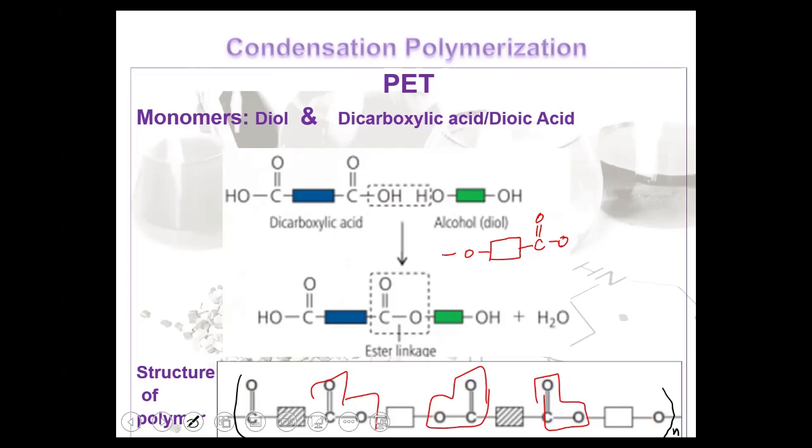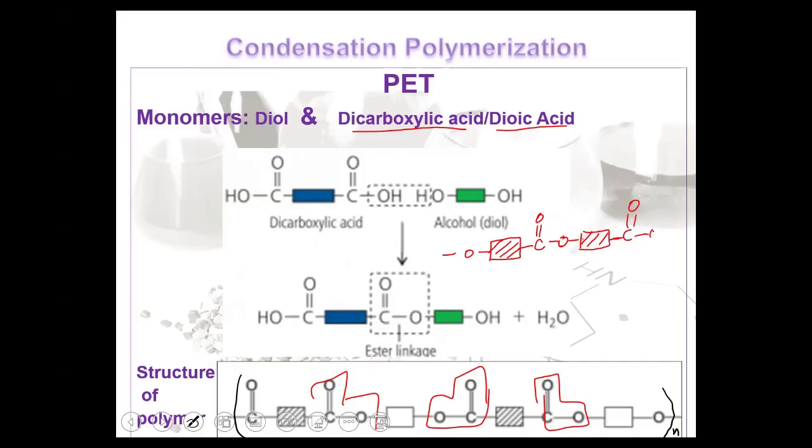And I told you about the kind of monomer you will also find which will have both functional groups on either end. Like for PET, you have a dioic and a dicarboxylic acid, two different monomers. But I'm talking about only one single monomer which is repeating itself, and it has both functional groups on either end.